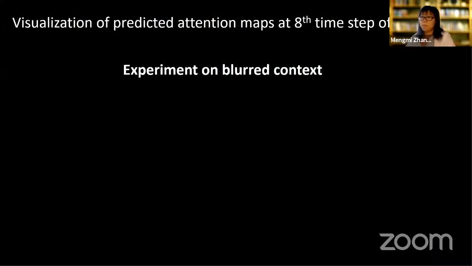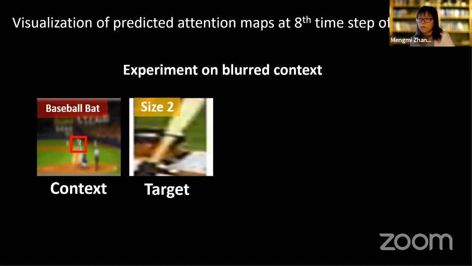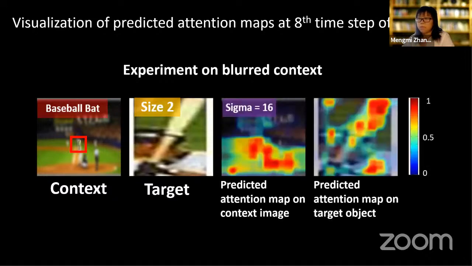Here I'm presenting a visualization example of the predicted attention maps at the 8th time step of the LSTM. CRTNet takes both the context image and the target object as input, as shown here, and it predicts the correct target object label. The target object here is a baseball bat, which is very small in the original full context picture.